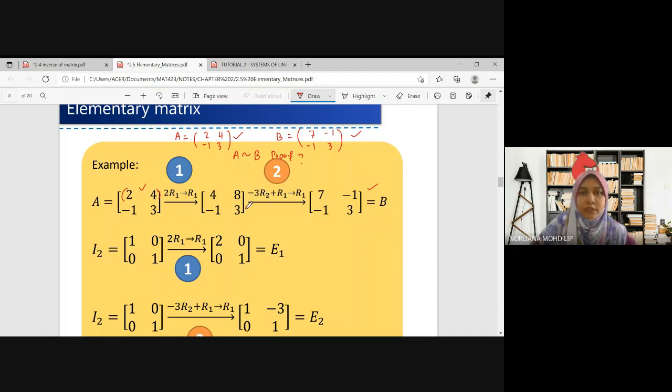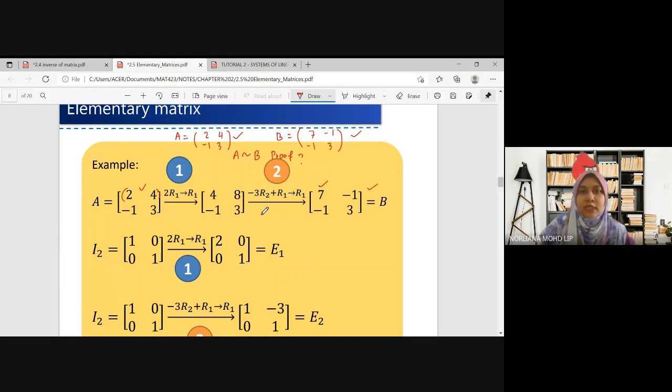We use an operation, you have to think about which operation. So -3 row 2 plus row 1. So -3 times -1 is 3 plus 4, that is 7.